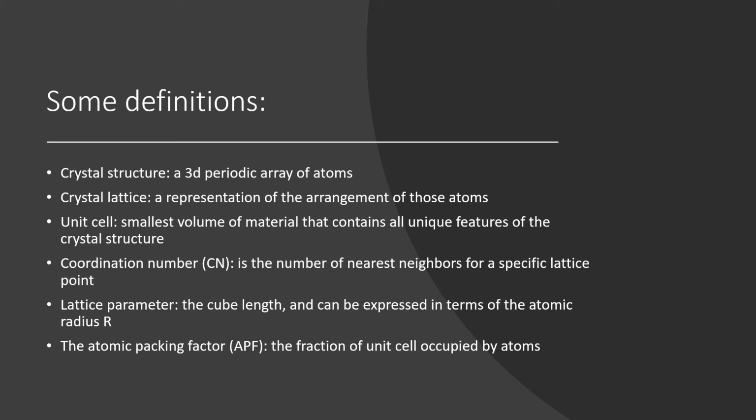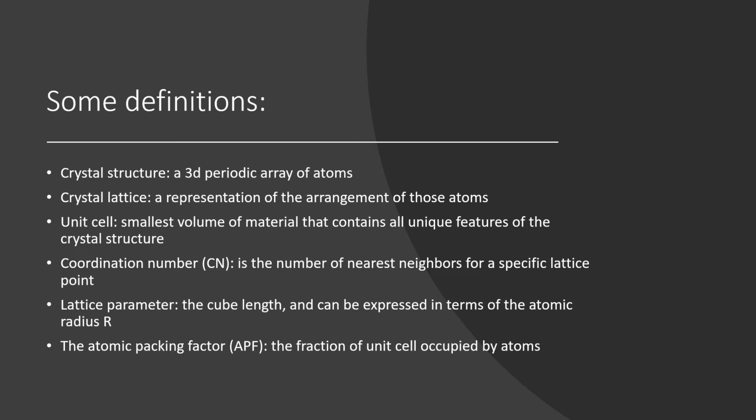The coordination number is the number of nearest neighbors for a specific lattice point. So how many atoms is that lattice point touching? A lattice parameter is the cube length, and it can be expressed in terms of the atomic radius r.